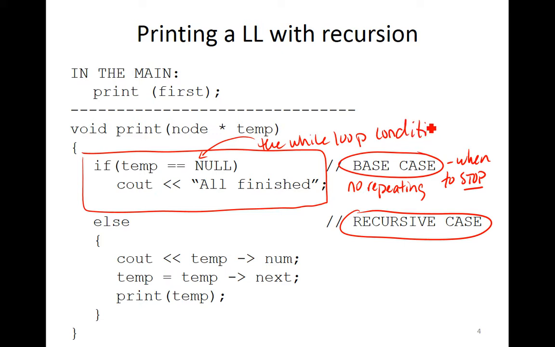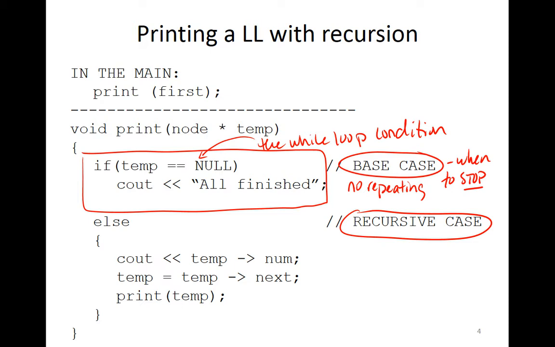So most of the time, especially if you're thinking about translating over, what's going to be your base case or base cases are the things that describe when you want to stop repeating. And of course, that's essentially the condition that's in most of the while loops that we've written. Okay, so that's the base case or base cases if there's more than one.